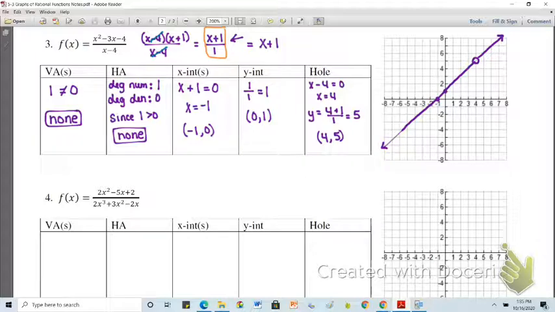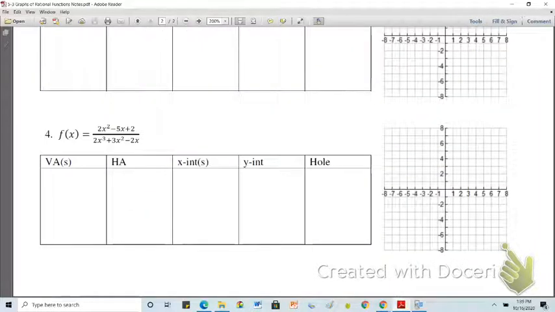And let's move on to the last one. So first things first, I need to factor. And on the bottom, you'll notice I have a cubic. I don't know how to factor a cubic, but I do know they all have an x in common, so I can factor that x out before I factor into 2 parentheses.